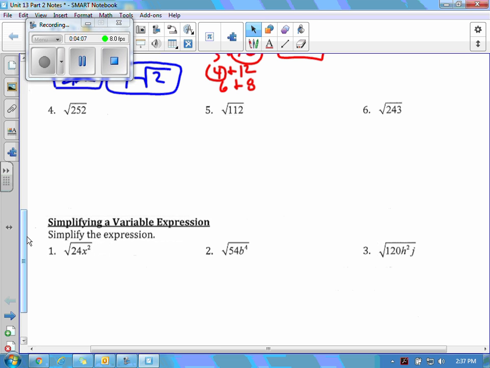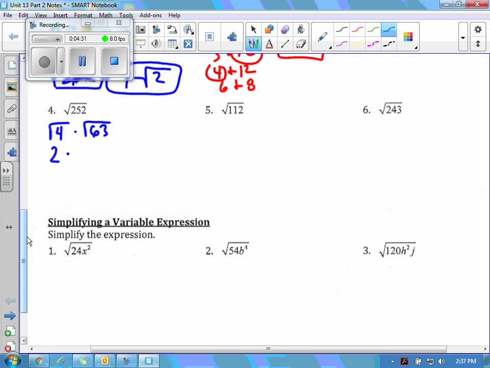For 252, I want to show you something else that you'll see. So say I don't know all the factors or something, or I don't want to take the time to find all the factors, I can go ahead and split this. So for 252, I know that 4 and 63 are factors of 252. Now 4 is a perfect square, so I know that's going to become 2.